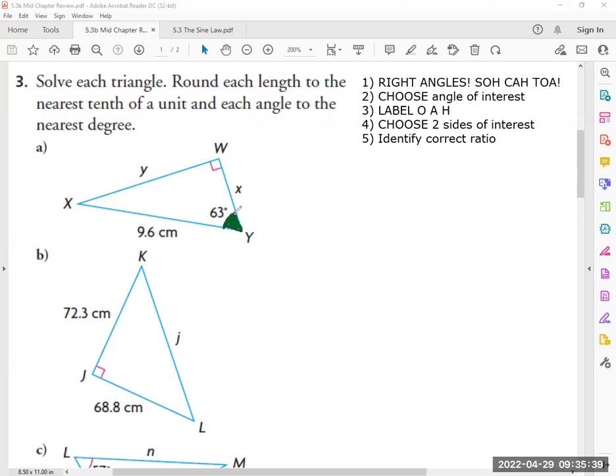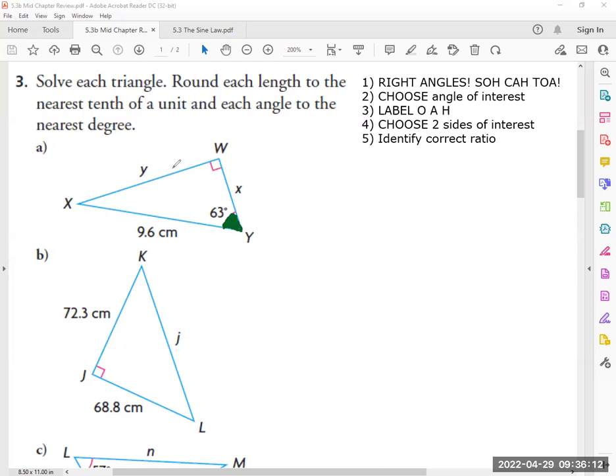Next, if 63 is your angle of choice, what is my opposite, adjacent, and hypotenuse? You have a 33% chance, 1 in 3. That's not a bad probability. Which side is opposite? Which side is adjacent?